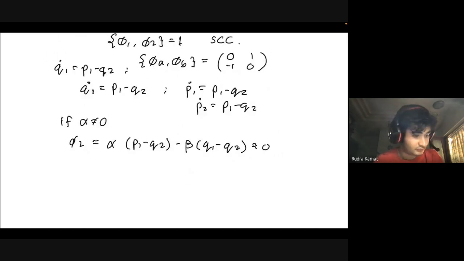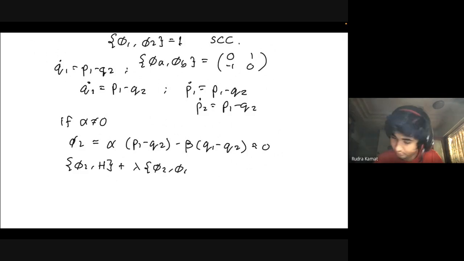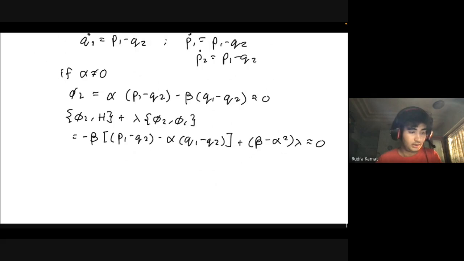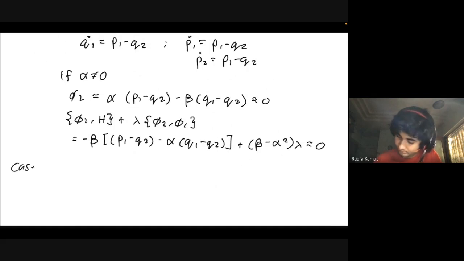And that just gives us consistency: phi 2 H plus lambda phi 2 phi 1 is minus beta (p1 minus q2) minus alpha (q1 minus q2) plus (beta minus alpha squared) lambda is weakly zero.